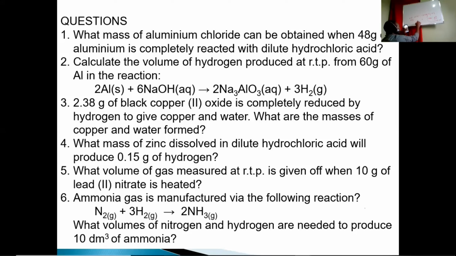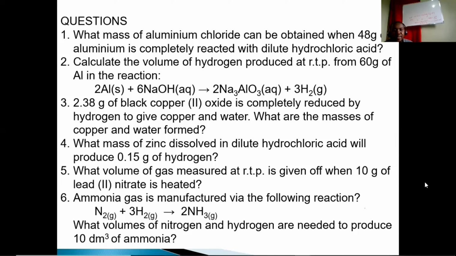Therefore, we can find the mass of aluminum chloride since it's the mole, 1.78, multiplied by the molar mass, which will be 35.5 times 3 plus aluminum, which is 27, which is 133.5, and we get 237.63 grams. All right, so I think someone got it. Yes, that is correct. I hope that's what most persons got. You can move on now to question 2. Not really that hard, it's just practice. Once you practice enough using the equations, then it becomes a little bit easier.